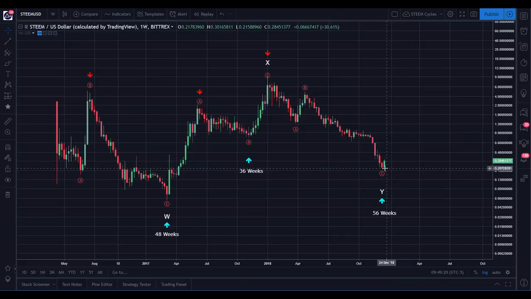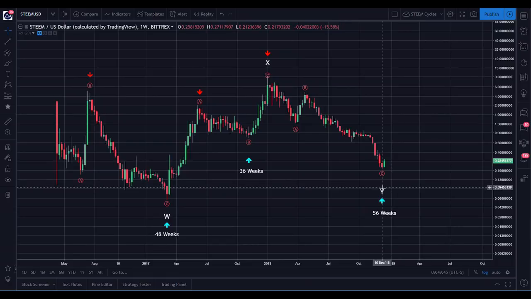Now the key question here is, is this the bottom of the next weekly cycle low? I think it should be, because it was overdue. What do I mean by that? Well, we only have 2 data points on a weekly perspective with a range of 36 to 48 weeks. And this one is way past the 48. So I think we're overdue.